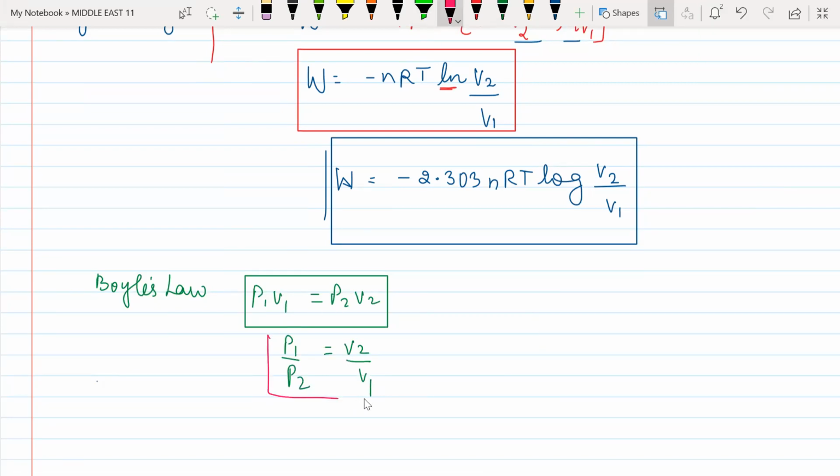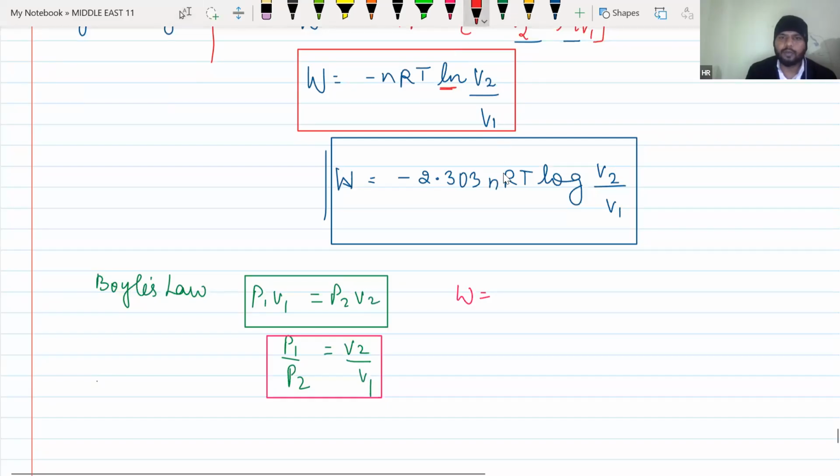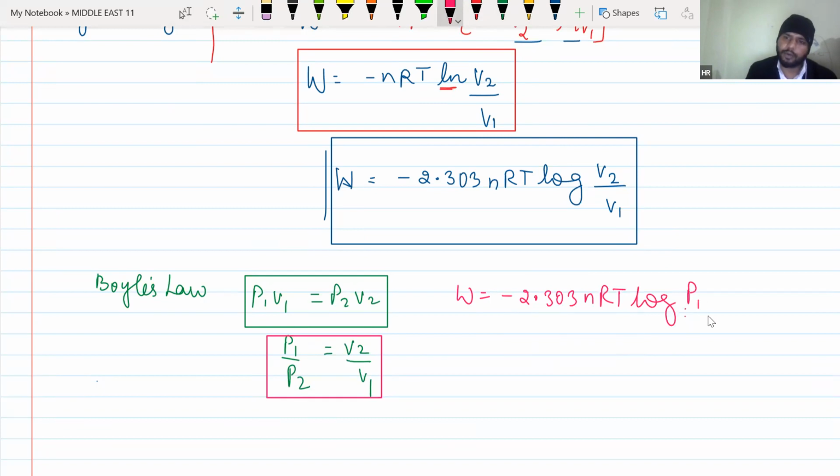So work done in terms of pressure is equal to minus 2.303 nRT log of P1 upon P2.